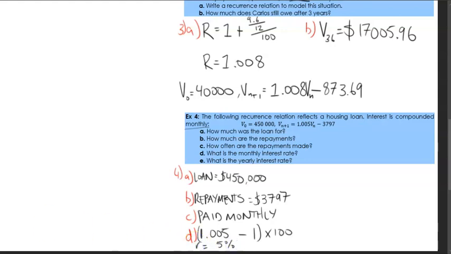But then this becomes different. This becomes different because now the next question says, what is the yearly interest rate? Sorry, this is not 5%, this is 0.5%. Yeah, that seems better, not 5%, 0.5. This becomes different now because we figured out what the monthly rate is.